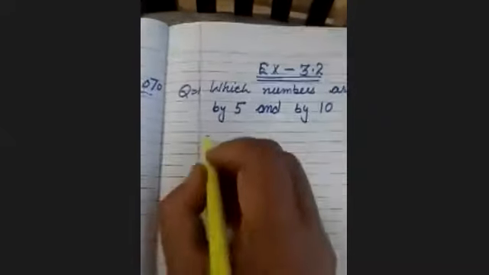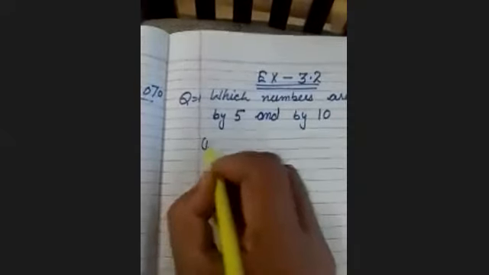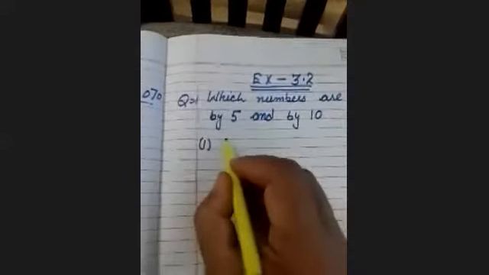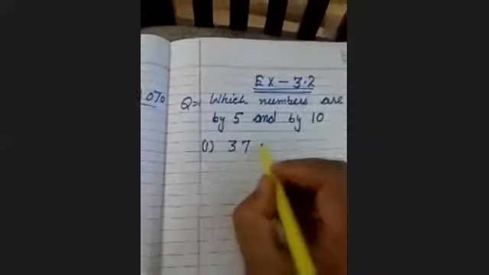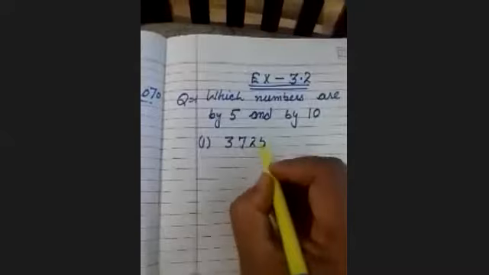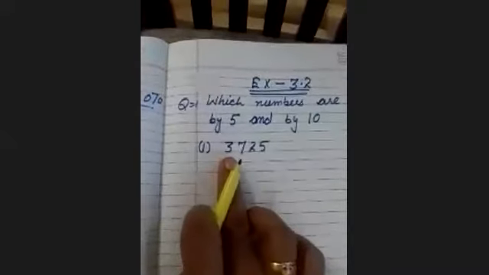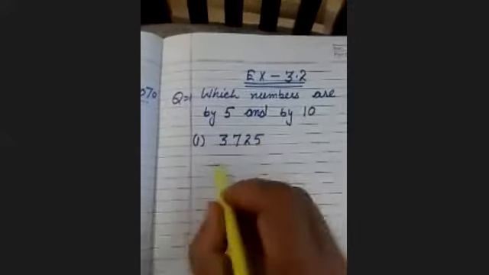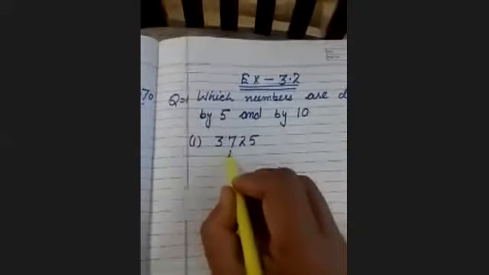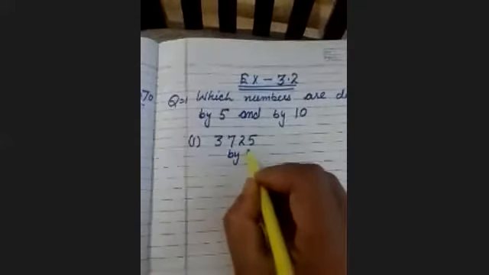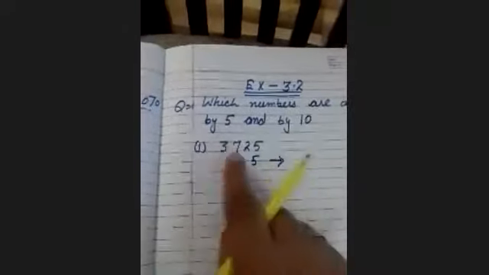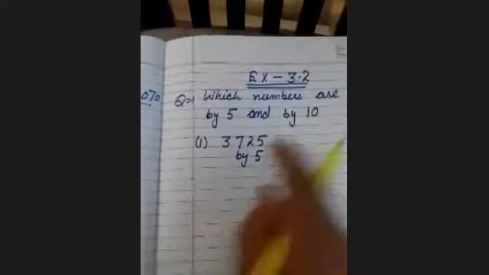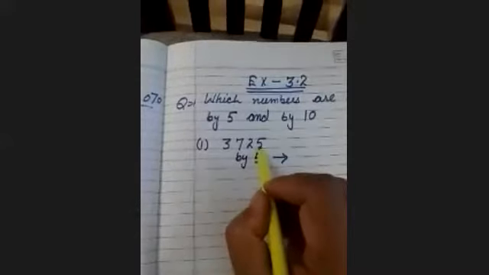Clear, students? The first part: our number is 3,725. First we'll check divisibility by 5. A number is divisible by 5 if its last digit is 5 or 0.